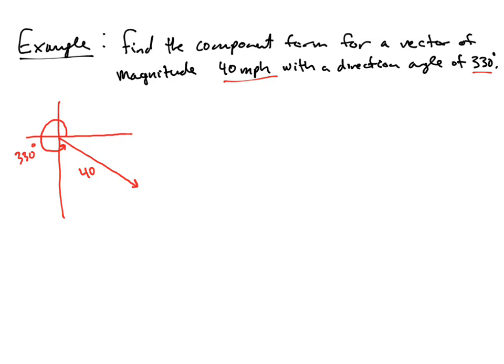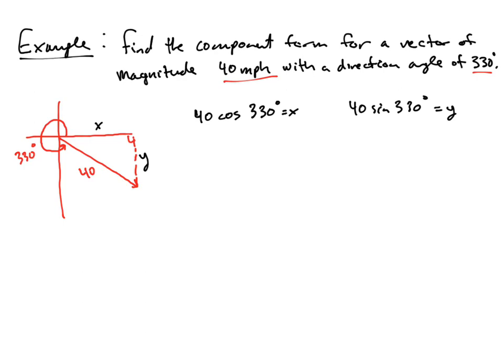So if we think about this as a right triangle, we want to find this x value and this y value. Because this is in quadrant 4, the y value, or the vertical component, should be negative, and the horizontal component should be positive. So we're going to say 40 times cosine of 330 degrees will give us the x value, and then 40 sine of 330 degrees will give us the y value.